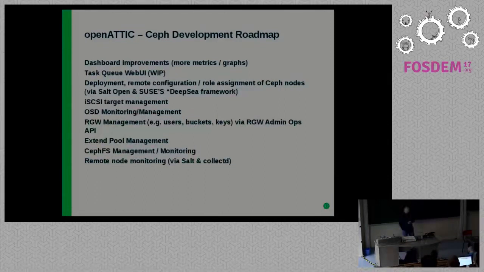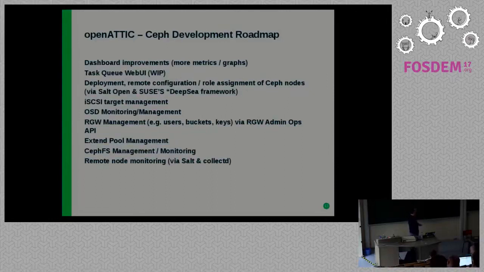Rados Gateway is another big construction site. The thing is that a Ceph cluster consists of several components, and they have their own way of how they are being managed. They have their own APIs of how you need to talk to them. In the case of Rados Gateway, for example, there's a Rados Gateway admin ops API, which you need to use to talk with the gateway for creating and managing the users and the buckets and so on.